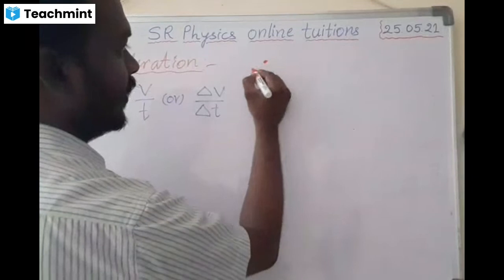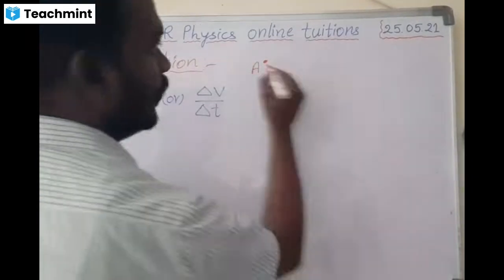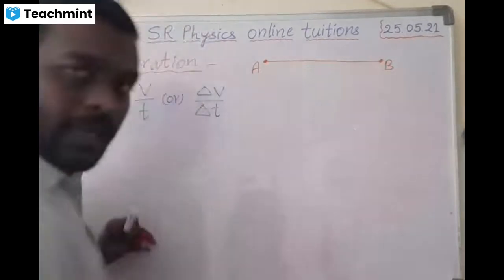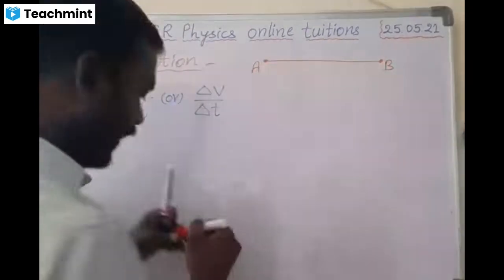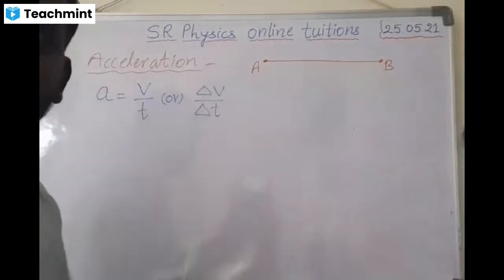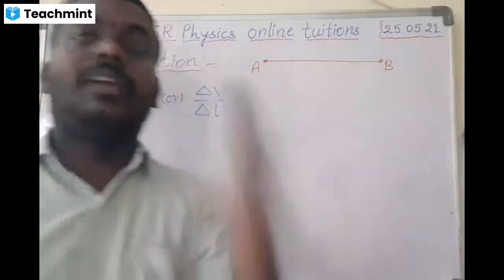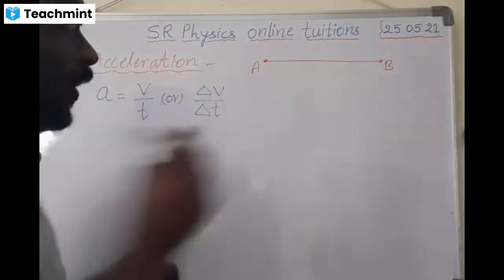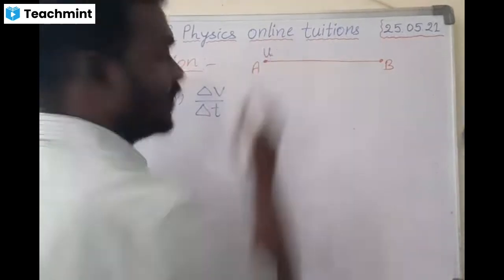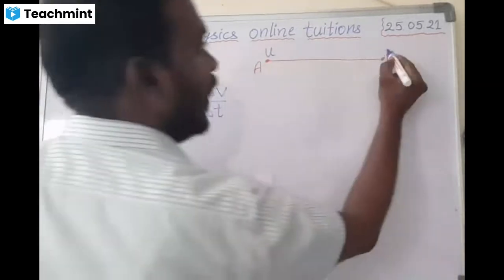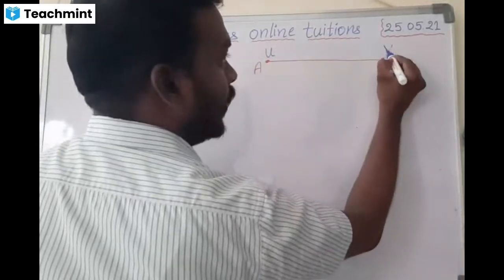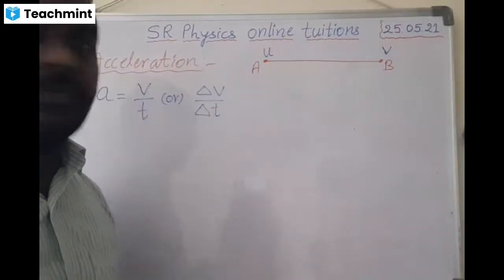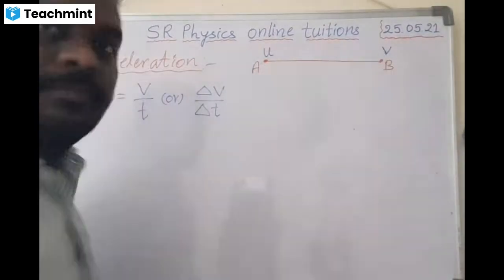If an object is moving from A to B, the velocity at the starting point we take as the initial velocity u, and after reaching point B its final velocity is v.